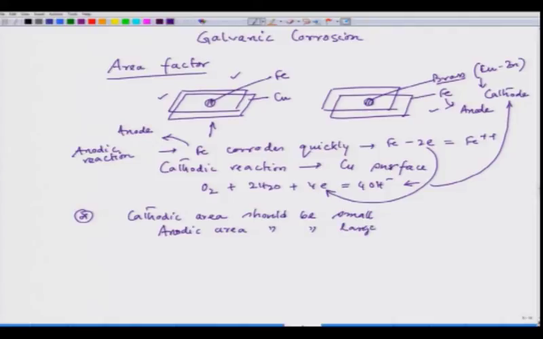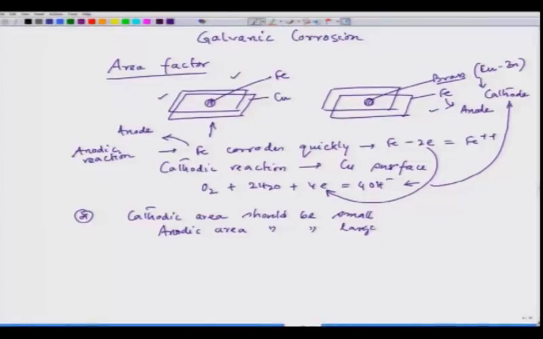In that case the galvanic effect would be felt less severely. So, this is a very important factor, and we would talk about this area effect when we talk about intergranular corrosion. There also the area effect would be severely felt.